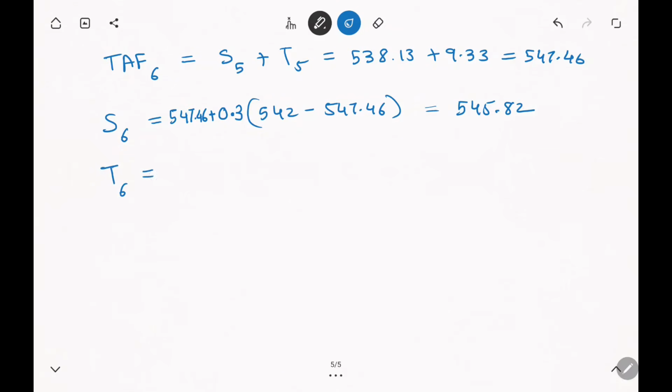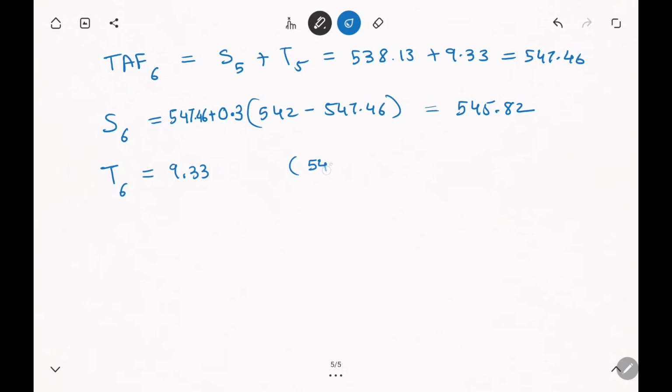We have calculated the trend adjusted forecast for time period 6. We have calculated the level update for time period 6. Now we update the trend. For trend update, the T5 value is 9.33. Now we'll see what is the observed change in the S values or smooth values, which will be the observed trend.